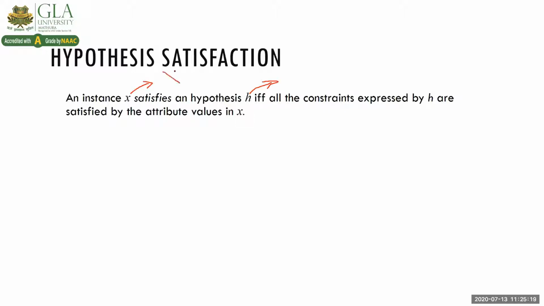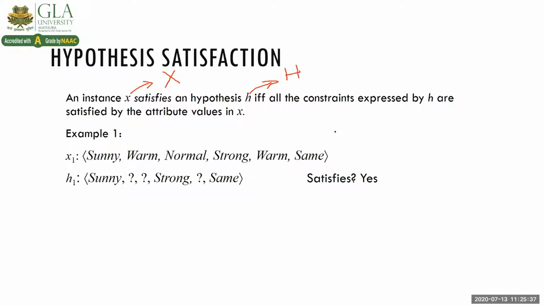So small x comes from the set capital X and small h is from the hypothesis space, if and only if all the constraints expressed by h are satisfied by the attribute values in x. For example, look at x1. x1 has sunny, warm, normal, strong, warm, and same.